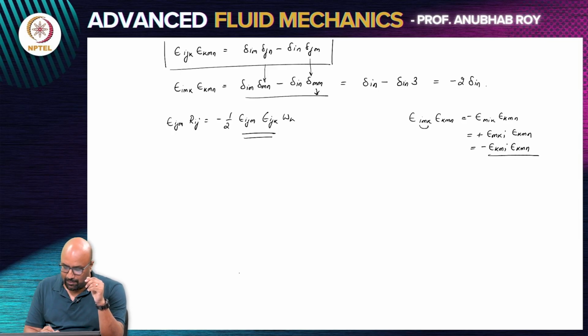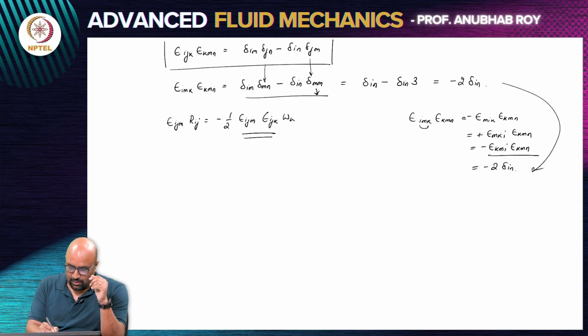So once I plug that in, this is equal to minus 2 delta in, right. So if I apply it here, I have minus half. The free indices here are i and n, whereas here the free indices are m and k. In this relation, the free indices are m and k, and i and j are the repeated indices.